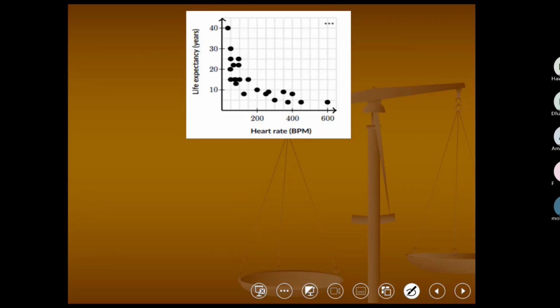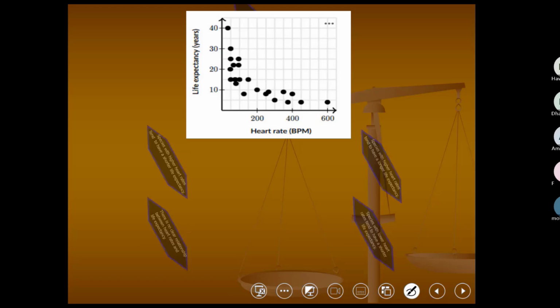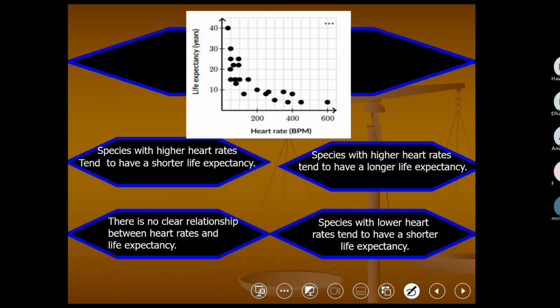Now, if you check this one, is this a negative or positive linear relation between the heart rate and the life expectancy in years? Positive or negative? Negative. Excellent. So if we have such a one and we would like to choose a correct answer, we go to the one opposite to the other one because we have negative. Which should be the correct one?